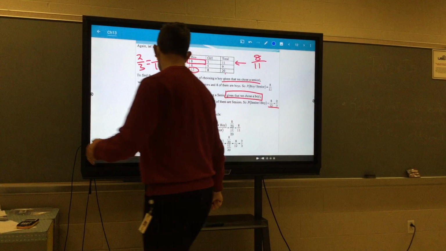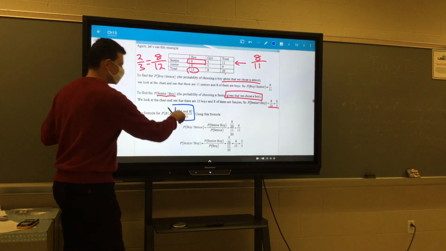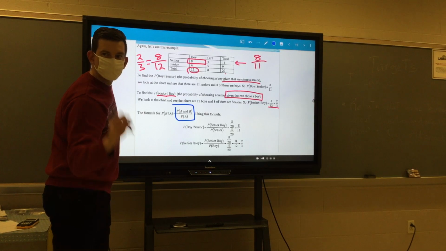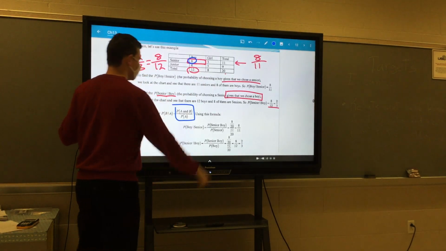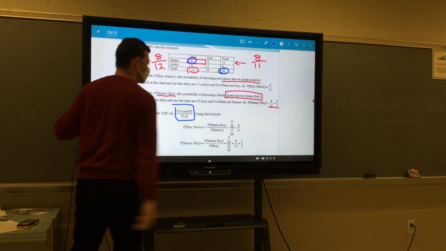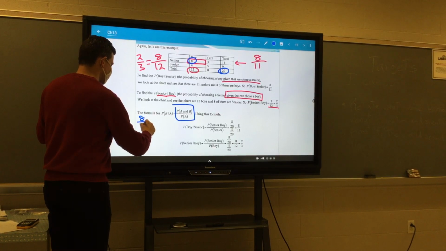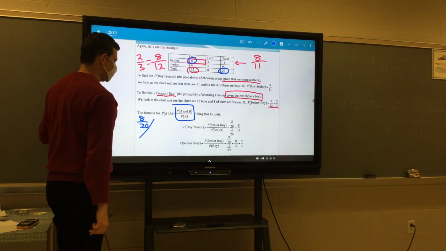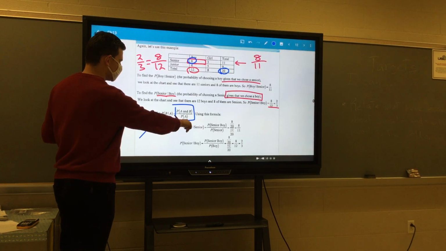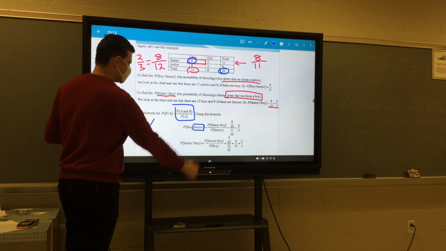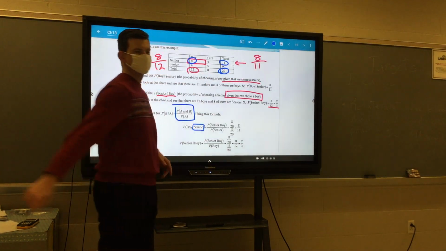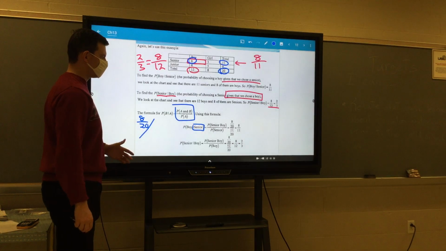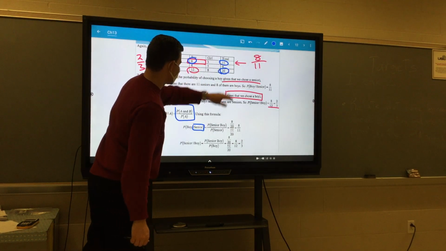Following along with this equation, the probability of A and B, both of these events happening at the same time, would mean a boy and a senior, of which there were 8 in the 20 people in this class. So we're doing 8 out of 20 divided by the probability of just the condition, which in this first case was the probability of selecting a senior. In this class of 20, there were 11 seniors.